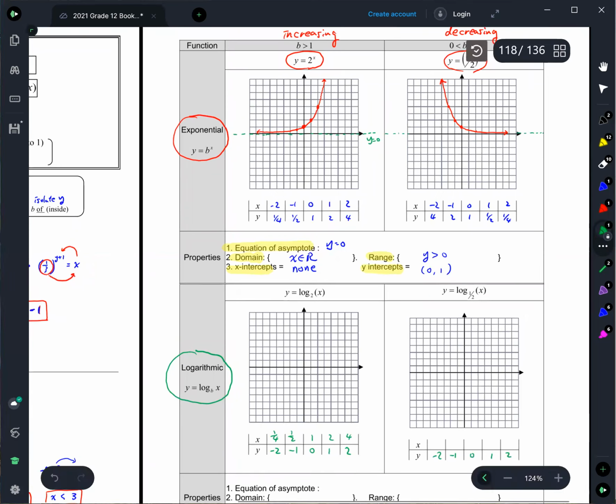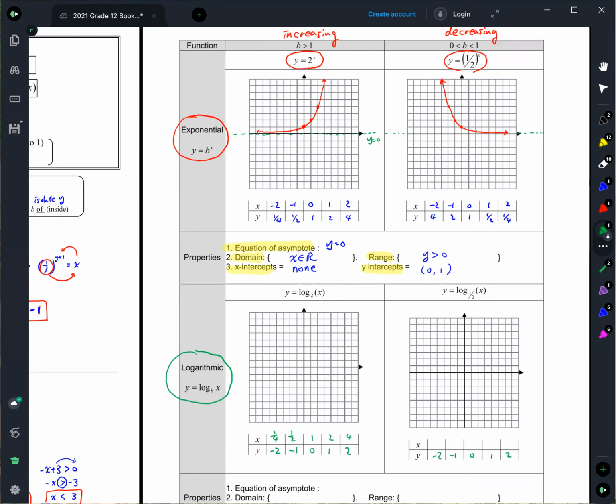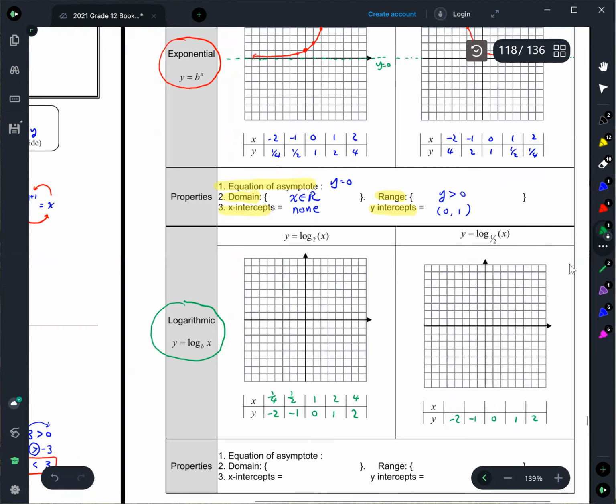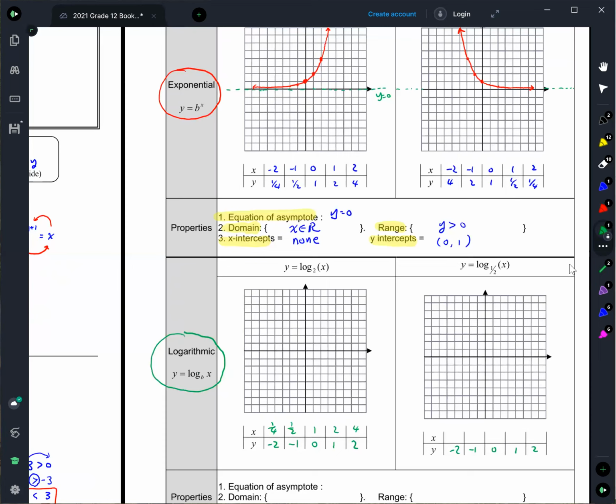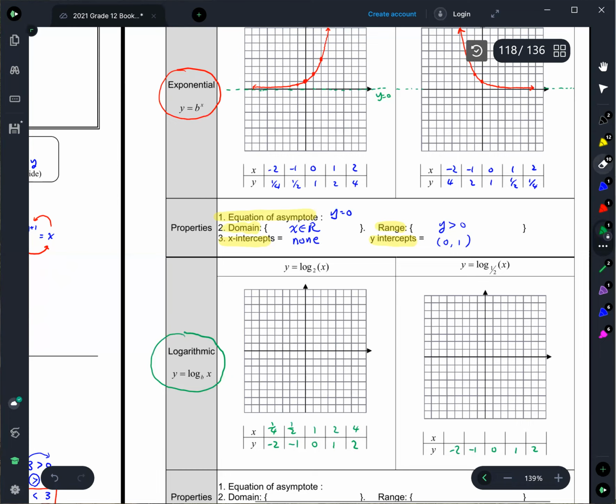Both graphs, complete the table of values and plot the points. And you should see the graph is still following the increasing and decreasing, okay? Everything on the left side are increasing, on the right side are decreasing. Okay, please raise your hand after you finish the two graphs.